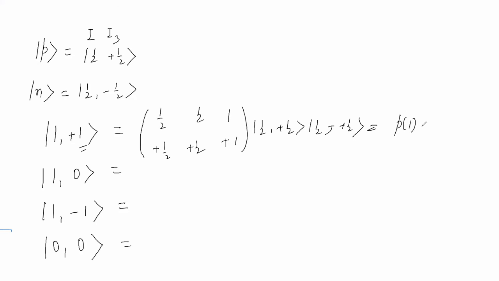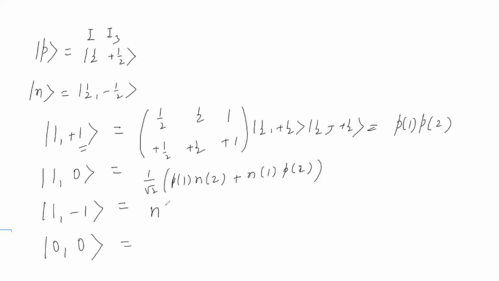Then I have proton in state 1 as well as proton in state 2. While here you have proton in state 1, neutron in state 2, or neutron in state 1, proton in state 2.